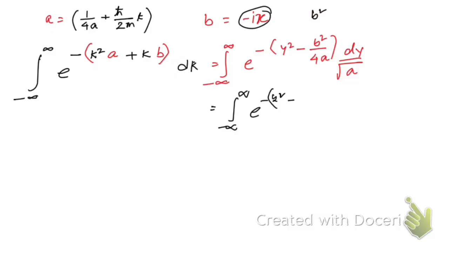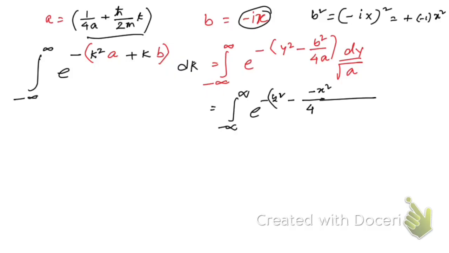So b square is going to be equal to minus i x whole square. That's when minus square is plus, then i square is again minus 1, x square is x square. So we're going to have minus x square by 4a, and the value of a is this. So let's put that value here.